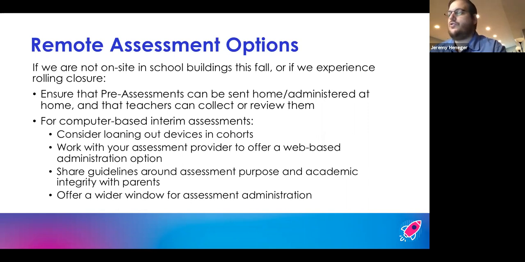NDE nor any test vendor that I've talked to is encouraging remote or virtual assessment. But it's important to have options, right? And it's also important that we consider every alternative as we move forward. In general, for instance, if we're talking about math growth, we know that it would be better if we could give those in the typical manner that we always do, right?